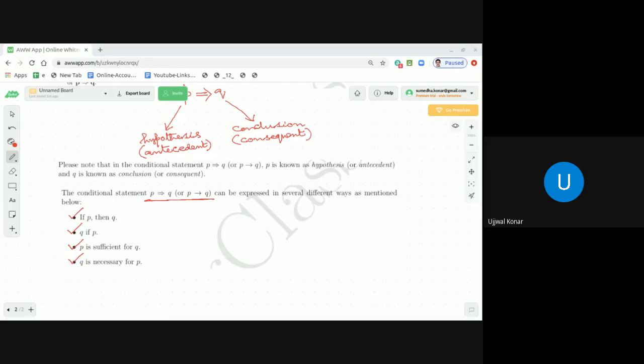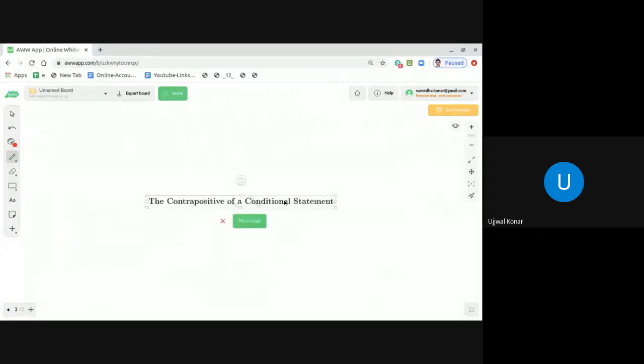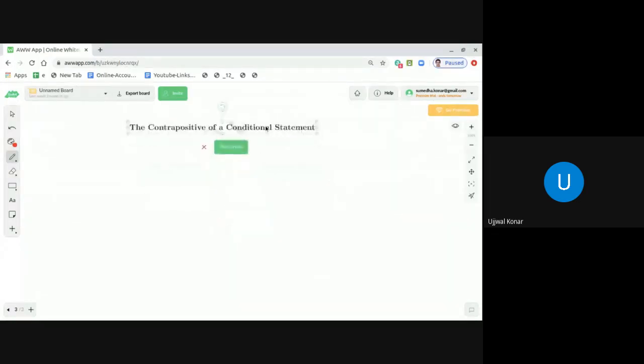Okay, dear students, so this is all about what I wanted to discuss about the conditional statement. Now, as we understood the conditional statement, the next statement we are going to discuss is called the contrapositive of a conditional statement. I will go to the next page and we will discuss it.